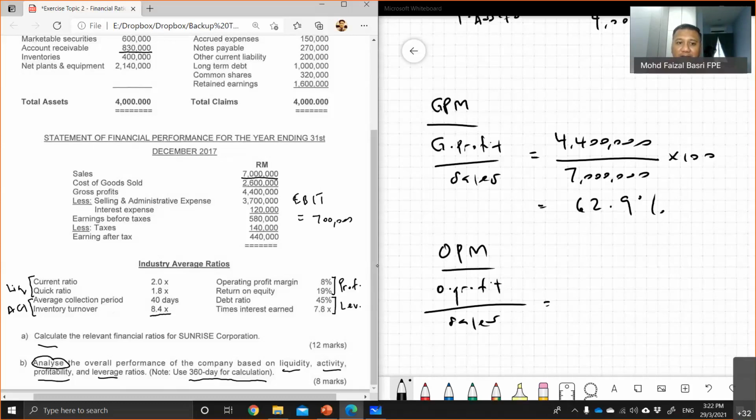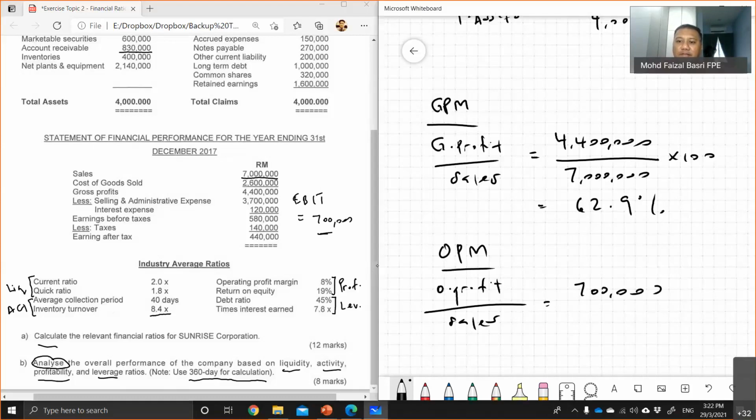So 580 plus 120, still you get 700,000. So it's 700,000 here, divided by 7 million, then times 100 to get percentage. So how much? 10%.